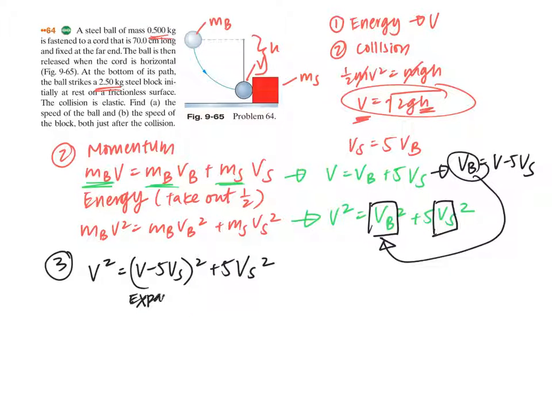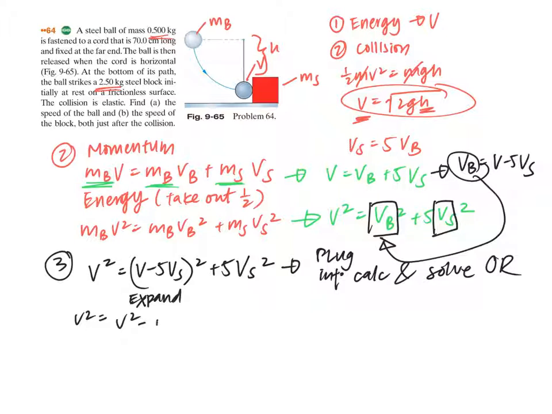So from here on, you could theoretically just plug into a calculator and solve, or you could expand. So if you expand, you get v squared equals v squared minus 10 v vs plus 25 vs squared plus 5 vs squared.